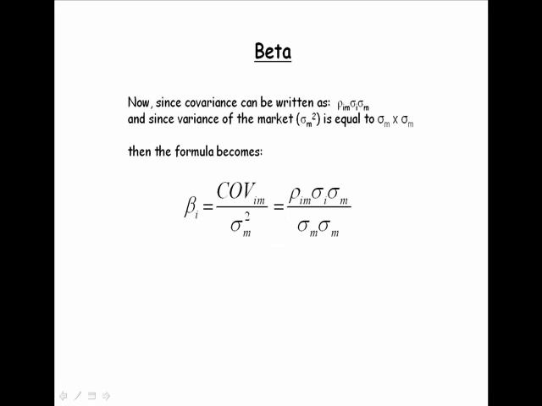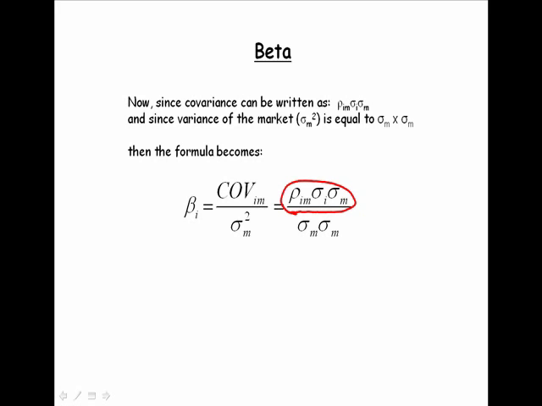Now, we remember that covariance can be expressed as the correlation between two assets times the standard deviation of one asset times the standard deviation of the other asset. Well, here we have two assets. We have asset I and asset M, which is the market portfolio.